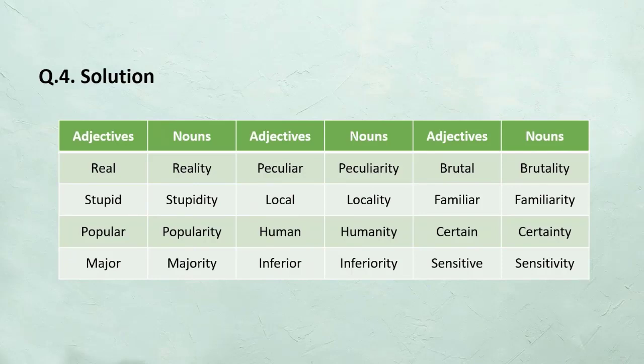Major becomes majority. Peculiar becomes peculiarity. Local becomes locality. Human becomes humanity. Inferior becomes inferiority. Brutal becomes brutality. Familiar becomes familiarity. Certain becomes certainty. And sensitive becomes sensitivity.